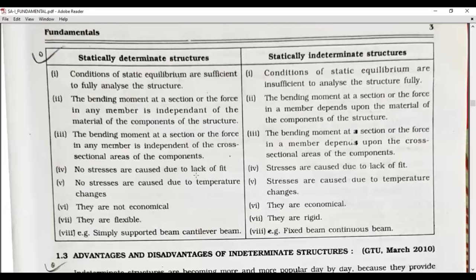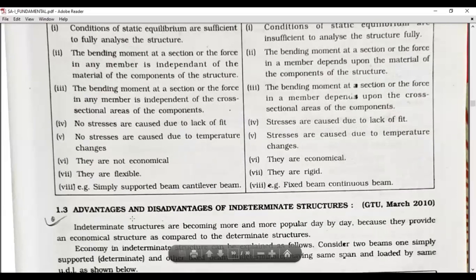No stresses are caused due to temperature change; stresses are caused due to temperature change. They are not economical; they are economical. They are flexible; they are rigid. Simply supported beam and cantilever beam are the best examples of statically determinate structures, and fixed beam and continuous beam are the best examples of statically indeterminate structures.